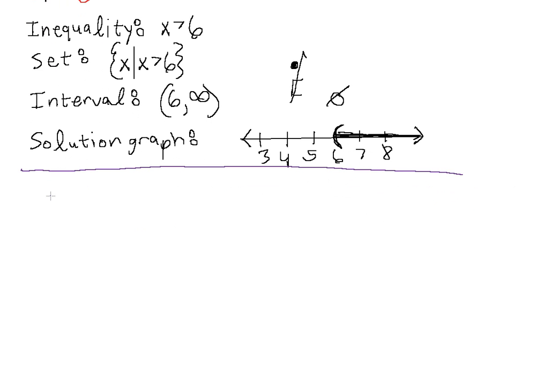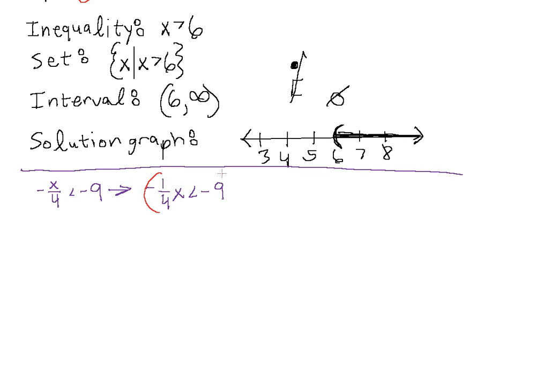Let's say we are given the inequality minus x over 4 is less than minus 9. The first thing we want to do is separate our variable out of our numerator so we can more easily see what the coefficient of x is. So we have minus 1 over 4 times x is less than minus 9.